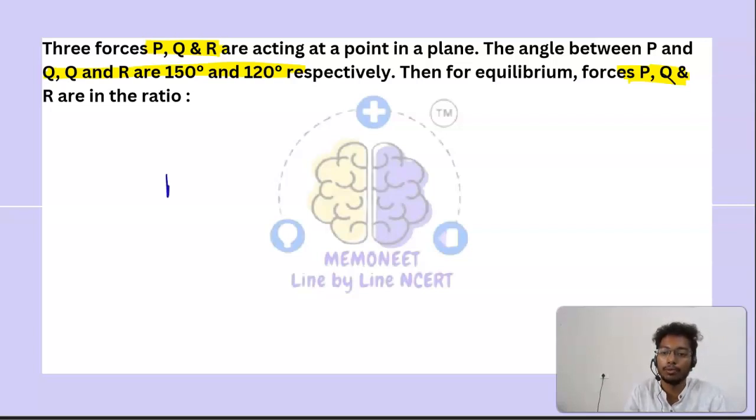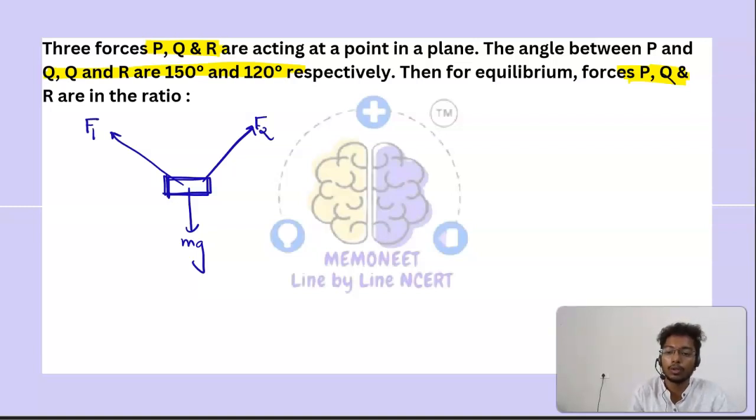Let's say you have some mass here. Let's say one force will be mg, and you are pulling from one end, and another force is pulling from another end. Let's say this is f1 and this is f2. I take this as theta 1, this as theta 2 and this as theta 3.